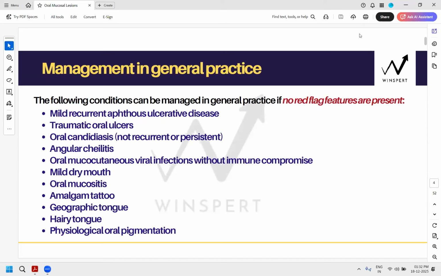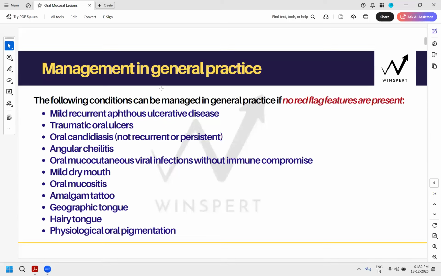Hairy tongue, do not mix the hairy tongue with oral hairy leukoplakia. Now, oral hairy leukoplakia is not in this list. Oral hairy leukoplakia comes in the list of non-malignant conditions which require specialist referral. Yes or no? Because they are the indicators of HIV. Absolutely correct, Jasmine. Beautiful. Everybody, is it making sense? Beautifully coming together.